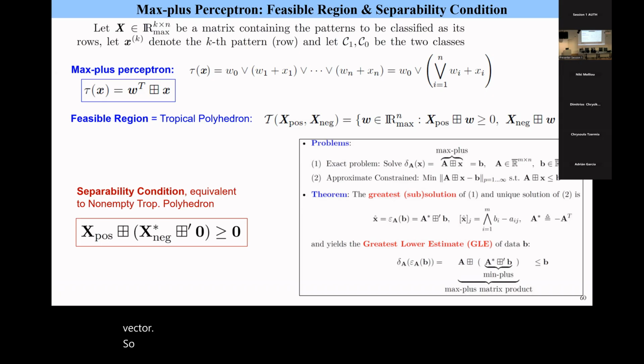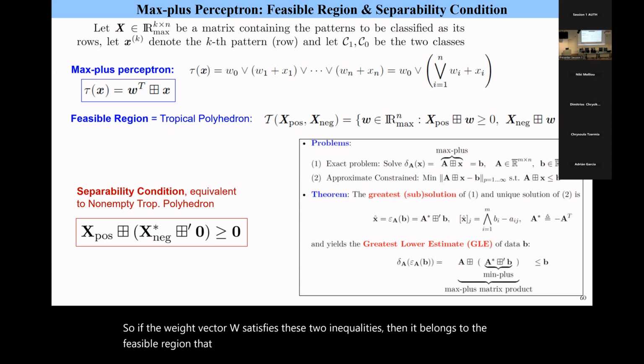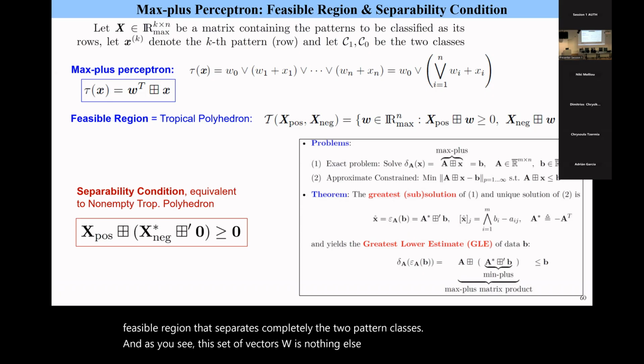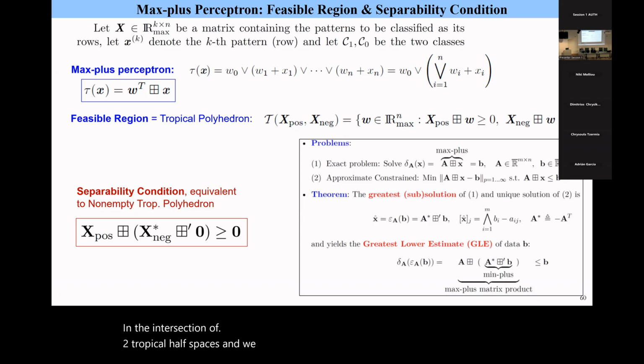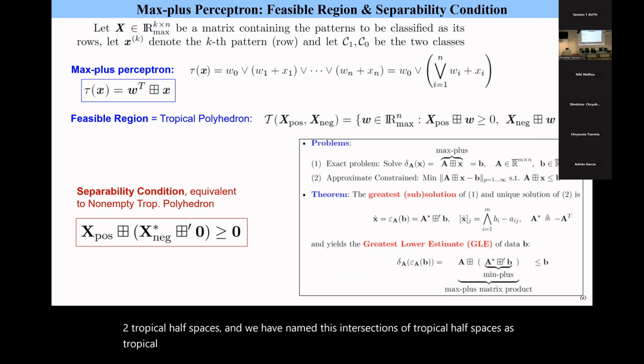So if the weight vector W satisfies these two inequalities, then it belongs to the feasible region that separates completely the two pattern classes. And as you see, this set of vectors W is nothing else but a tropical polyhedron, because it falls in the intersection of two tropical half spaces, and we have named these intersections of tropical half spaces as tropical polyhedra.